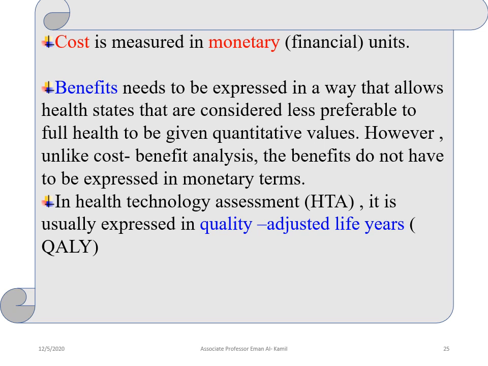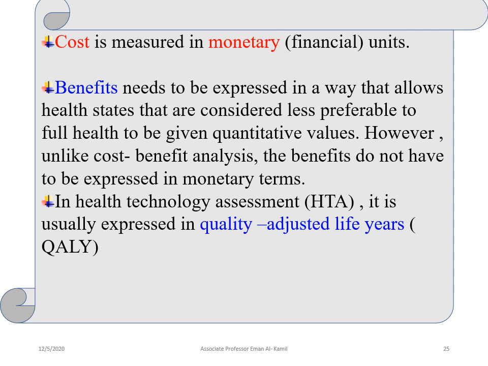So the cost is measured in monetary financial cost, they calculate it as a cost, while the benefit needs to be expressed in a way that allows health states or health status that are considered less preferable to full health to be given quantitative value.